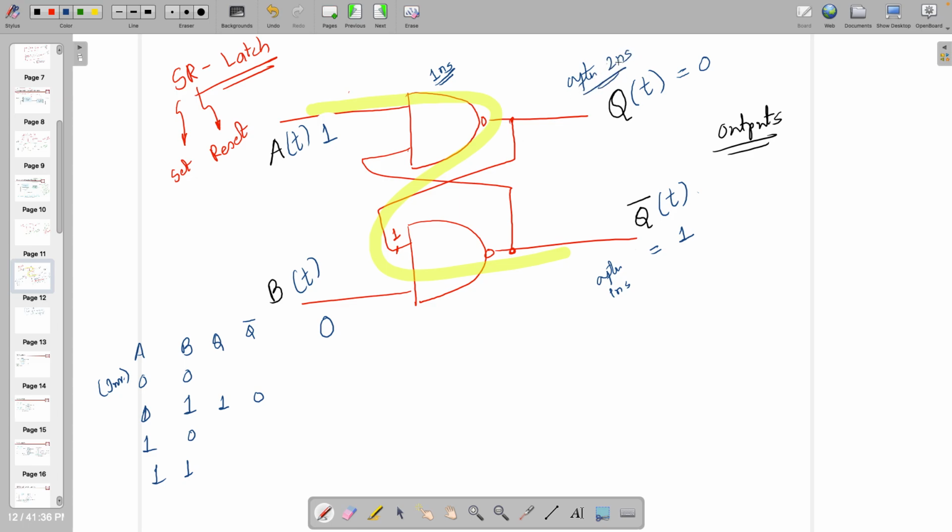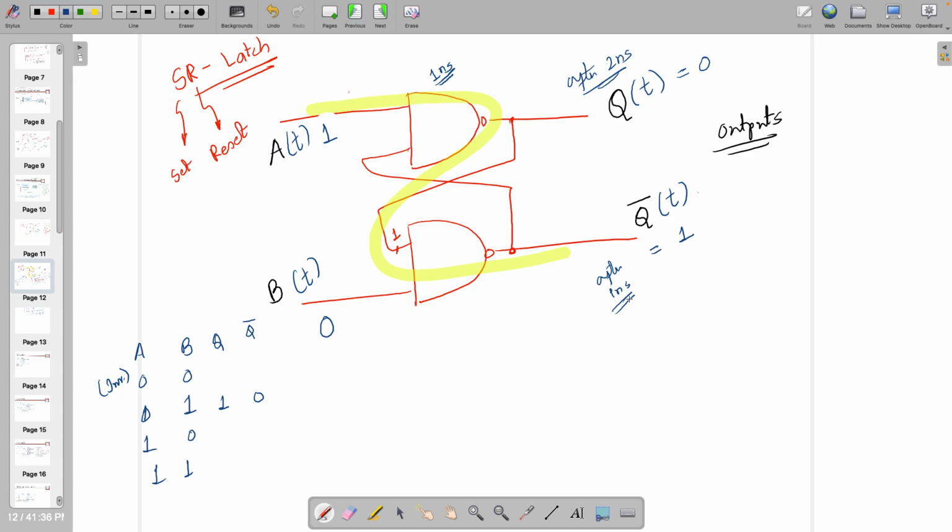By the way, from this we also learn the best case and worst case output, or the throughput. Do we know what the worst case and best case throughputs are? Best case is 1 nanosecond, because after 1 nanosecond I can see at least one output.